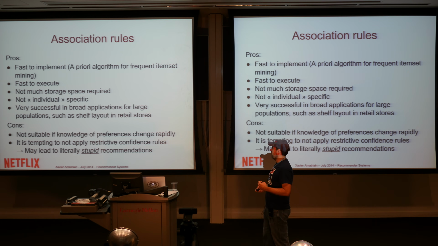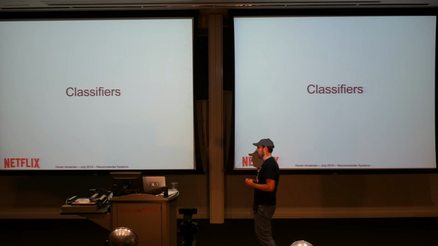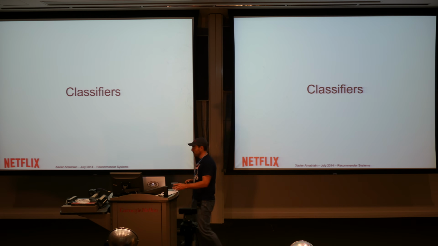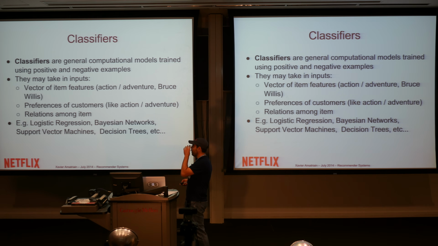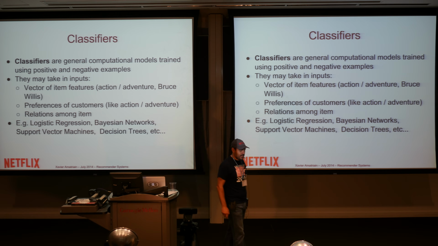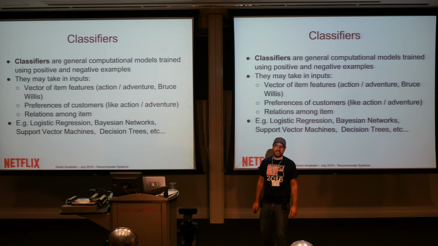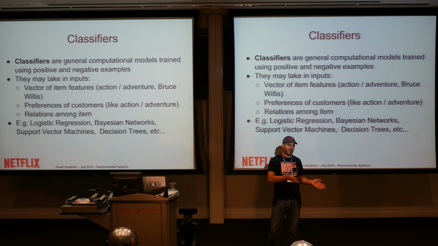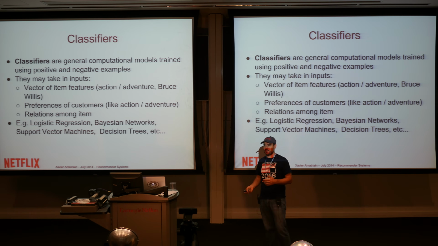Okay, classifiers. One not so obvious way to recommend is to build a classifier that basically tries to tell me, is this going to be good for you or is this going to be bad?